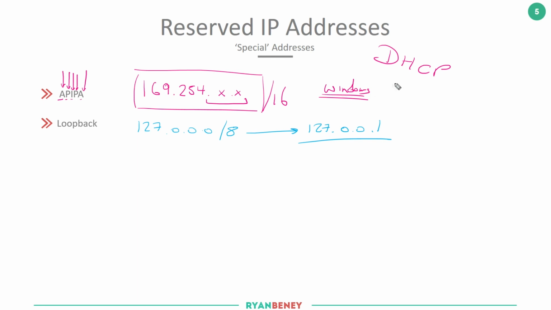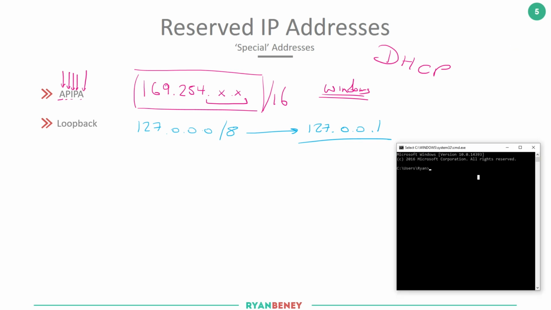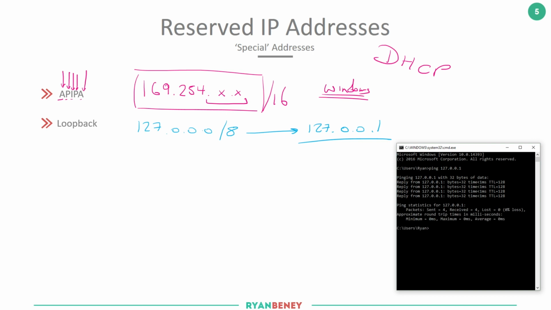What a loopback does is, if you open up your command prompt, which I'll do now, and ping 127.0.0.1, you'll notice that it gets a response. What we're doing there is testing my TCP/IP stack against my NIC. So if you believe that maybe TCP or IP is not working as expected on the particular device you're on, you can ping yourself.